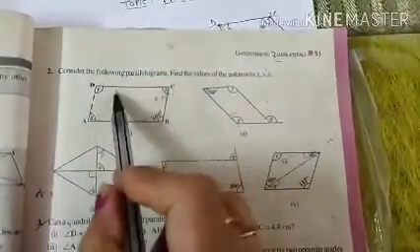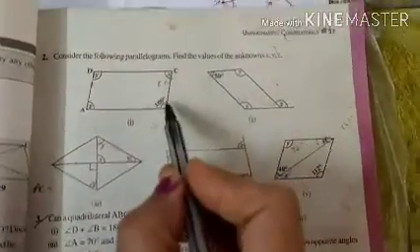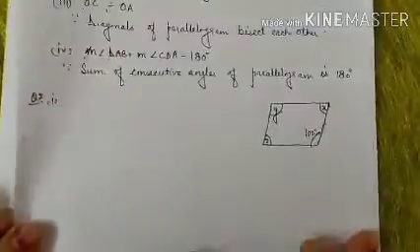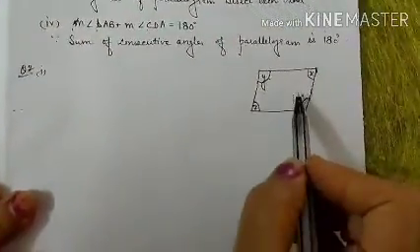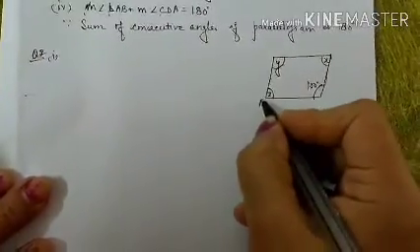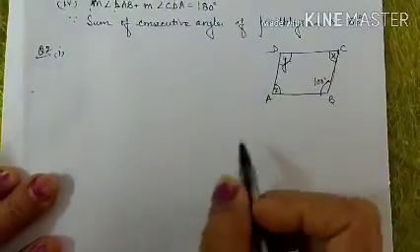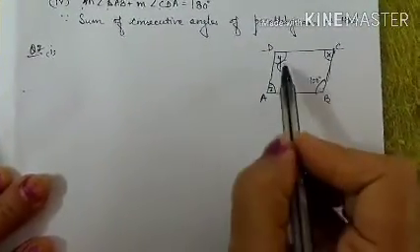Now second question. This is a parallelogram and we have to find the unknown values x, y, z, and angle B is given as 100 degrees. Now we use the properties of a parallelogram. Let us name these vertices as A, B, C, D. We know that opposite angles are equal.